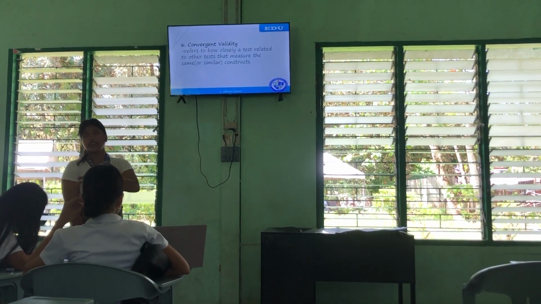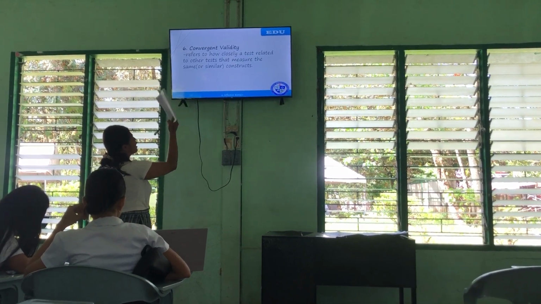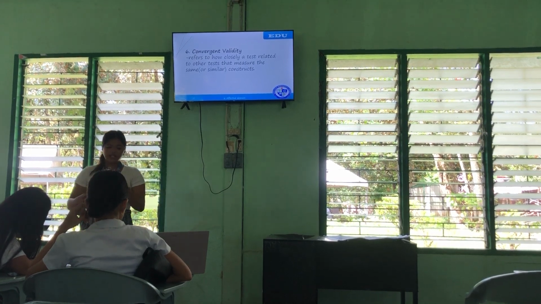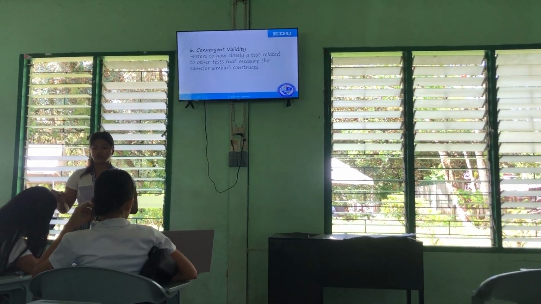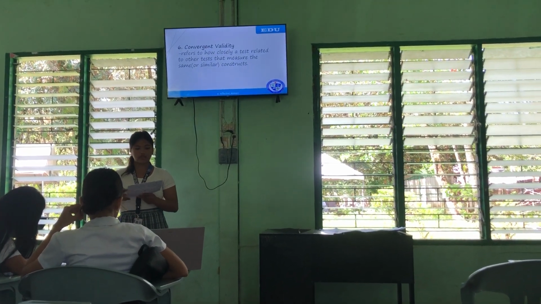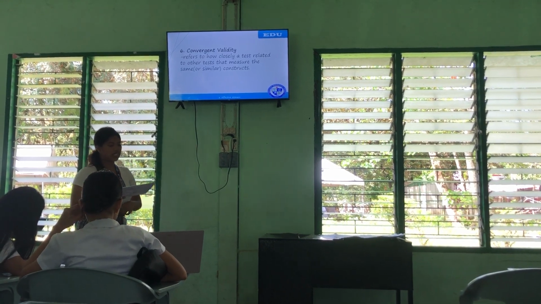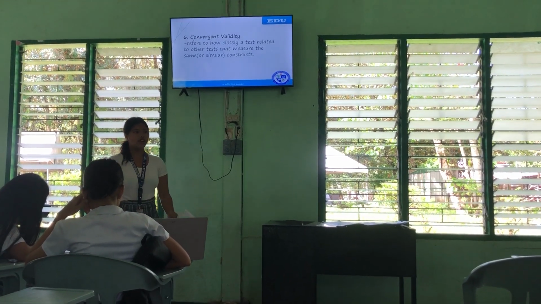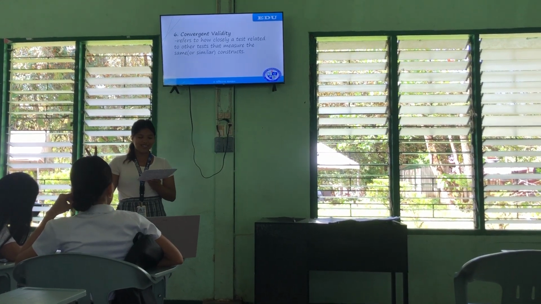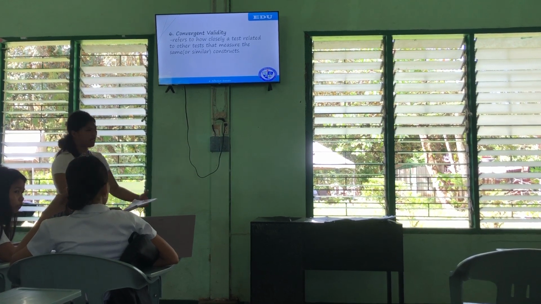Convergent validity is about using two different ways to measure the same thing, like two different tests that are supposed to measure how much students like learning. Again, convergent validity is about using two different ways to measure how well students understand the concept.